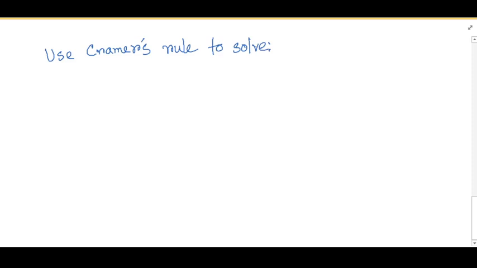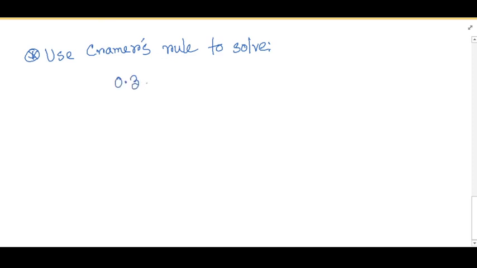In the exam, if I give you a set of equations and ask you to solve them without mentioning any rule, then you can use any technique. And if I ask you to solve according to a particular rule or technique, then you must follow that.